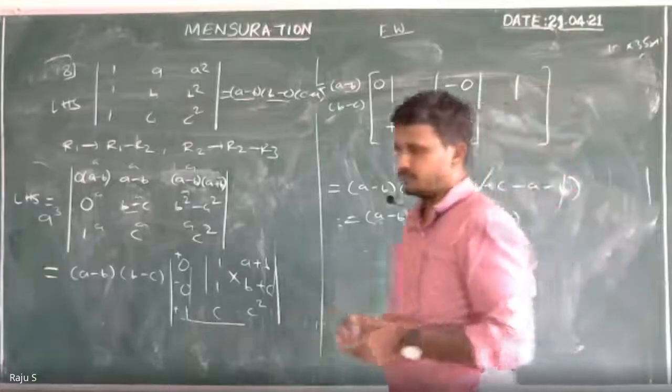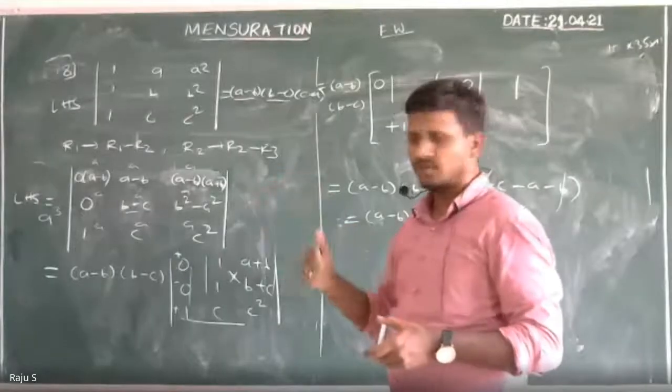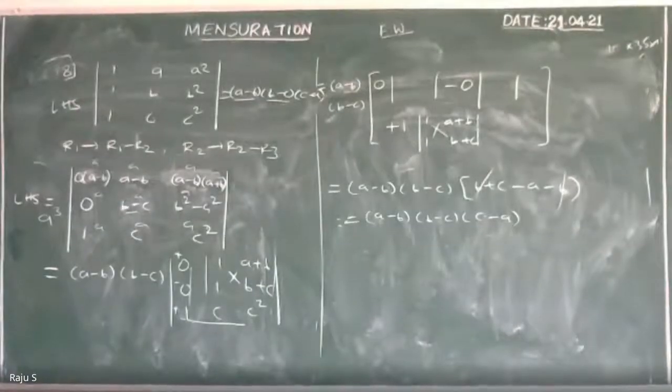Sir, but if we take row once, should we always take row only for the determinant? If we take a common row wise, we should take row operations, you are saying. So if we take row operation, we cannot take column, sir? I'm asking, sir. Yeah, in a determinant we can do it in many ways.